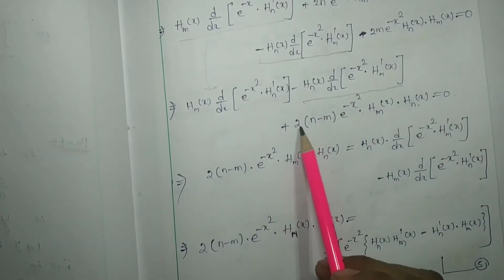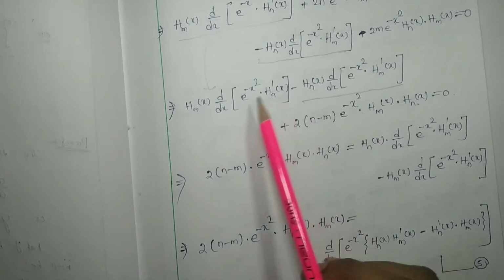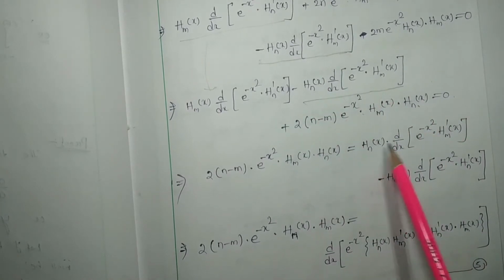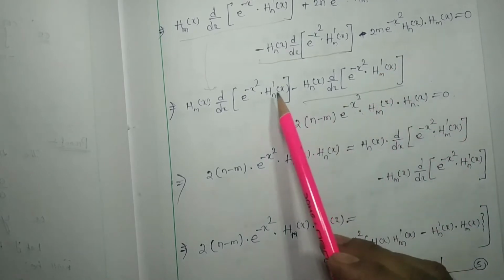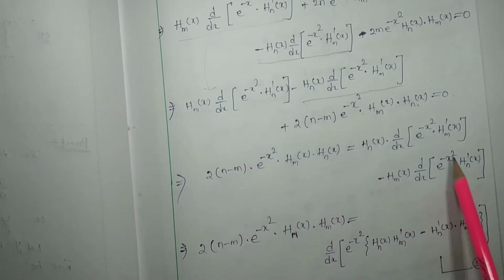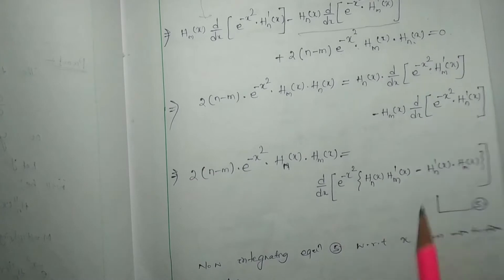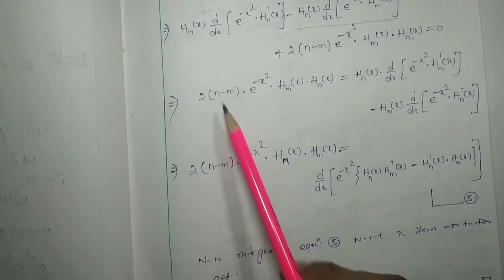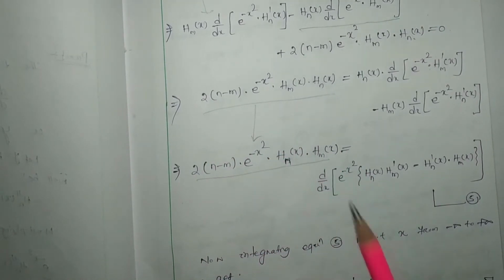What we get: 2(n − m) e^(−x²) Hm(x) Hn(x). This has gone to the right side, so this will be plus: Hn(x) d/dx of e^(−x²) Hm'(x) minus Hm(x) d/dx of e^(−x²) Hn'(x). The left hand side is written as usual, not changed anything.